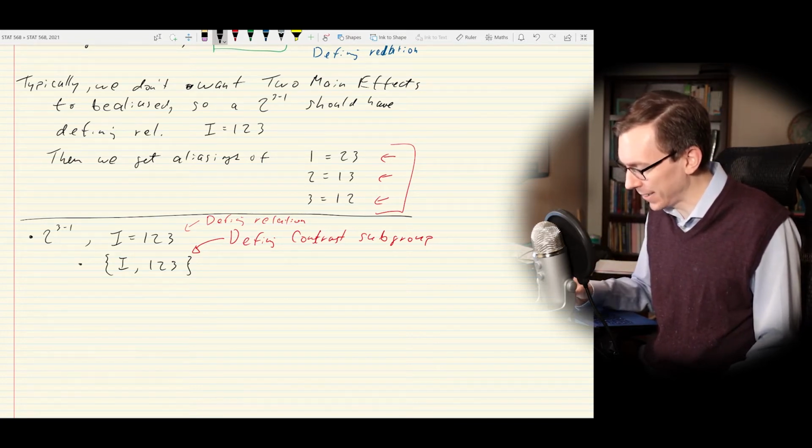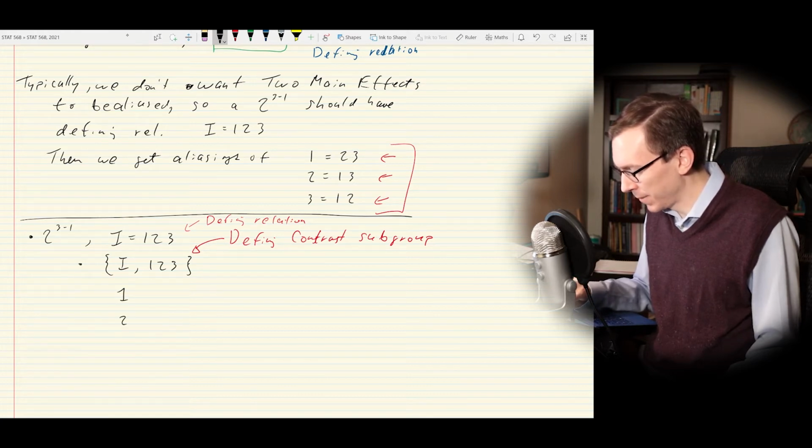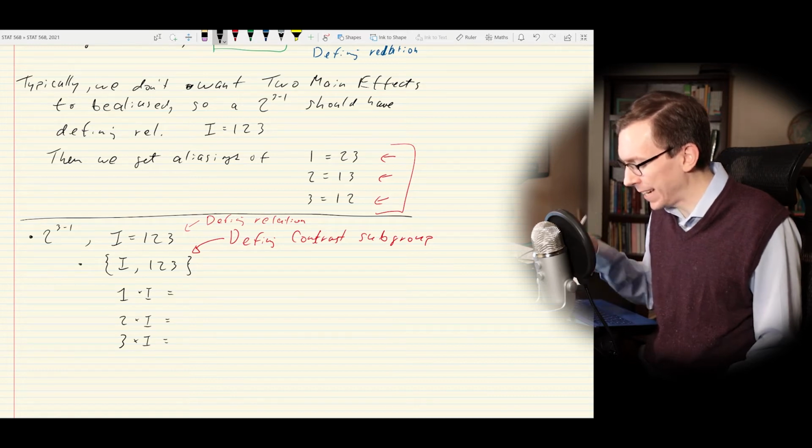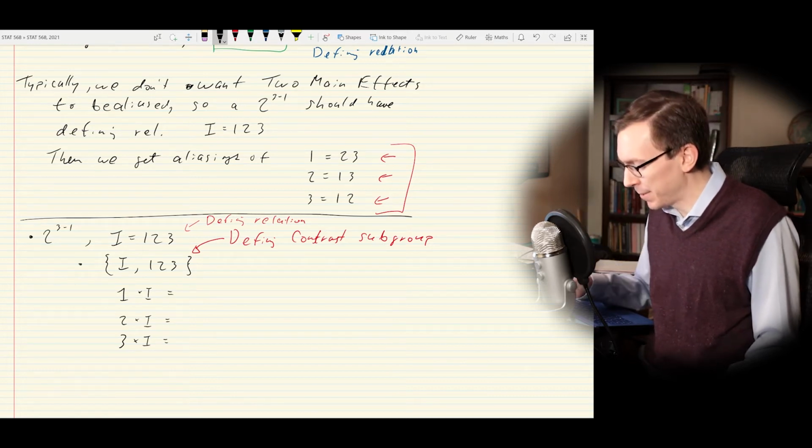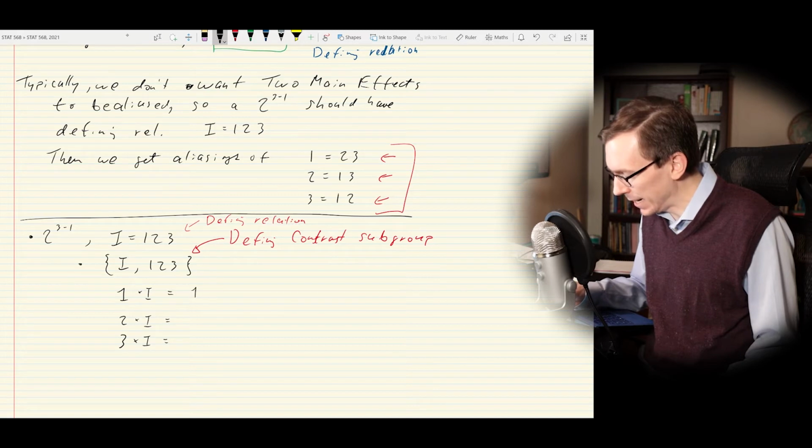Anyway, the idea here is that now we can take our main effects 1, 2, and 3, and multiply them. We can multiply them by the identity without changing anything, right? Because of our defining relation at the top, we know that multiplying by the identity is the same as multiplying by 1, 2, 3.